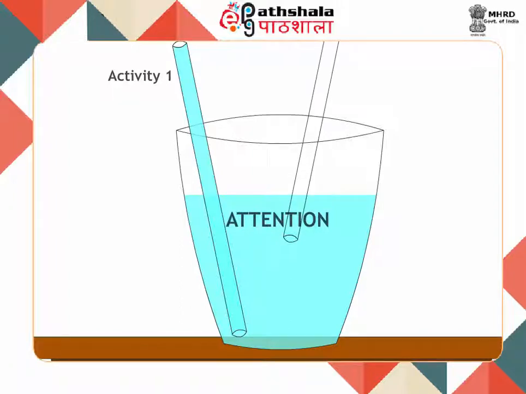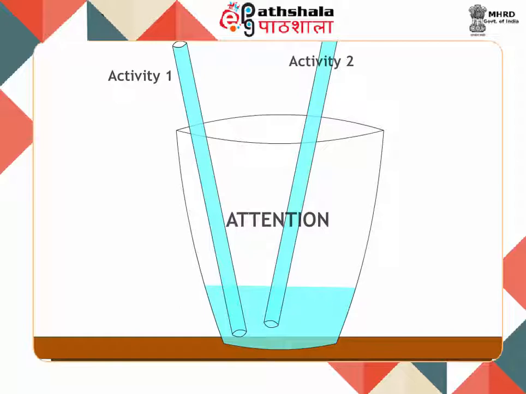Now the second activity, that is the second straw, is put in the jar. Some amount of water is used by the second straw. That is, some amount of attention is used for activity 2. The third straw is put into the glass. This is the third activity.